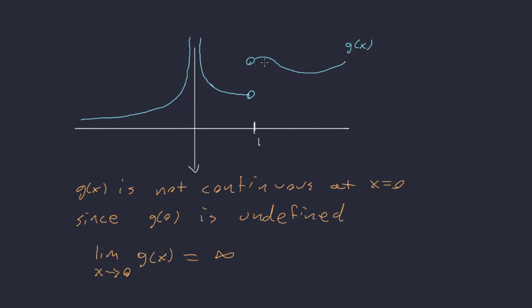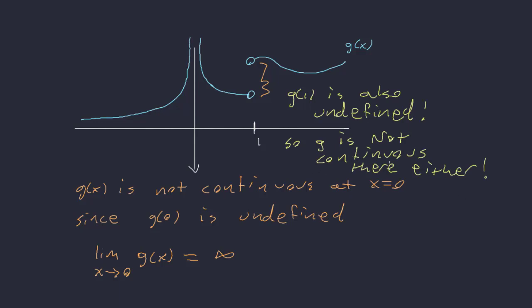Okay, and then here is a jump where there is no g of 1 either, right? G of 1 is also undefined. So g is not continuous there either. So notice what I've done here.